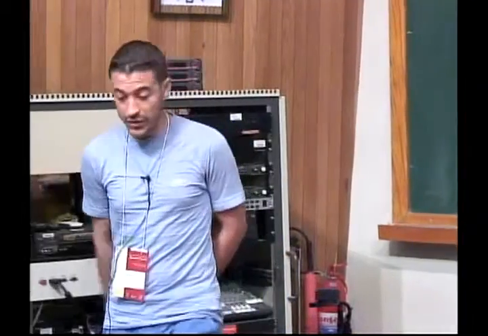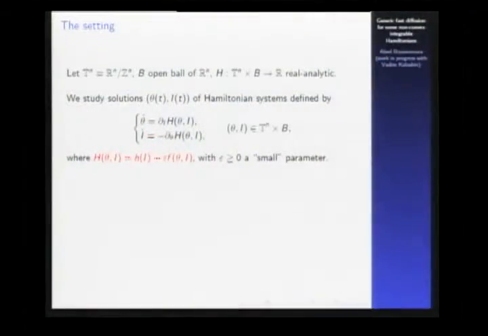Once you have a function like this, you can define a system of differential equations. First of all, this is my phase space, so I will denote the variables by theta and I. I will call theta the angle, and I will call this variable I the action.